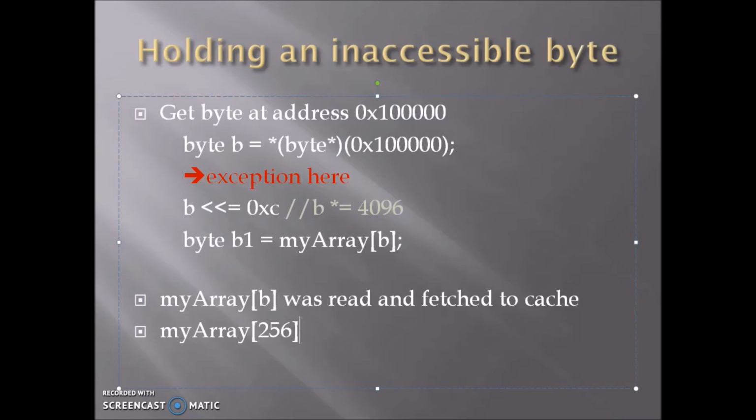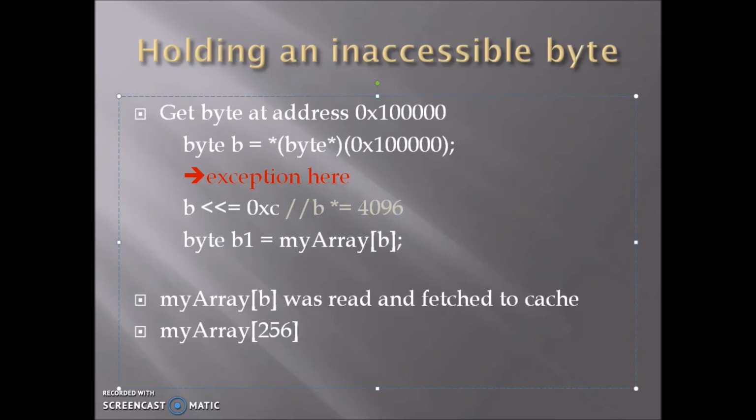That means that only this value will be in the cache and all other values will not be in the cache. So reading this value will be significantly faster than all the other values that we read. And if we measure the time it takes us to read it, we can know which index was the fastest that we read, and by that know the value.